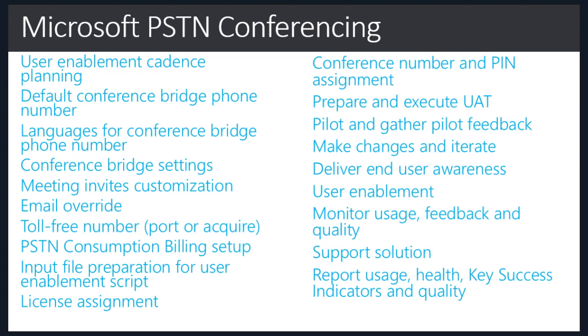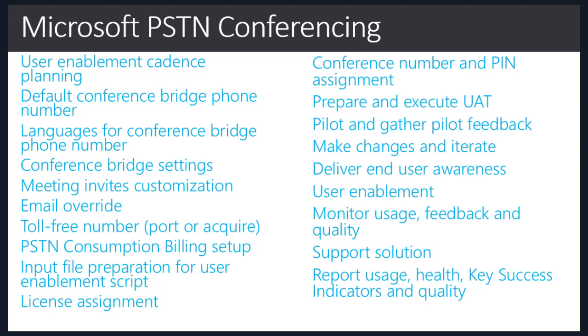And almost similar to the previous workload-specific tab, there are tasks around preparation and execution of UAT, execution of pilot and gathering of pilot feedback, making changes and iterating, especially to further fine-tune the configuration of the features, delivery of end-user awareness, and user enablement for Cloud PSTN conferencing.